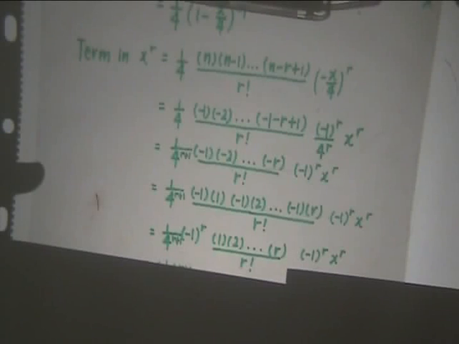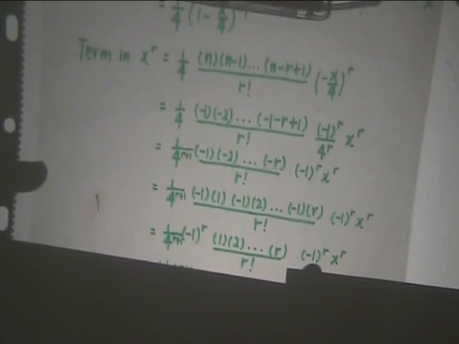Now you can see that I have minus 1 to the power of r and minus 1 to the power of r. So I can add their powers together. I will have minus 1 to the power of 2r. It means that any negative number to the power of 2 will become a positive number.